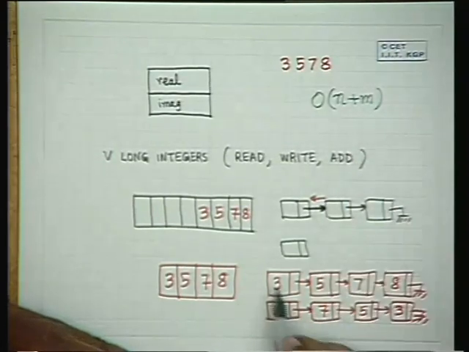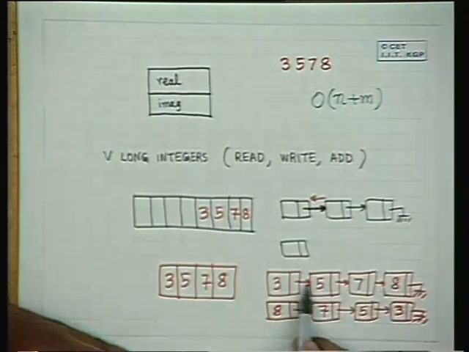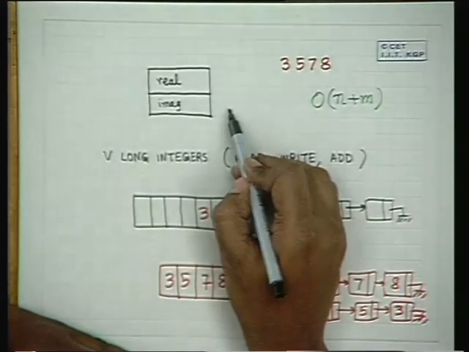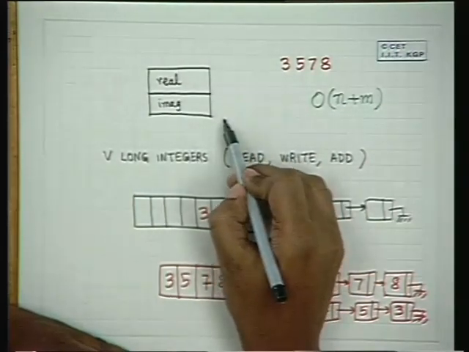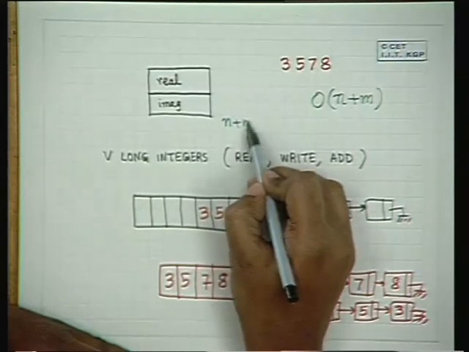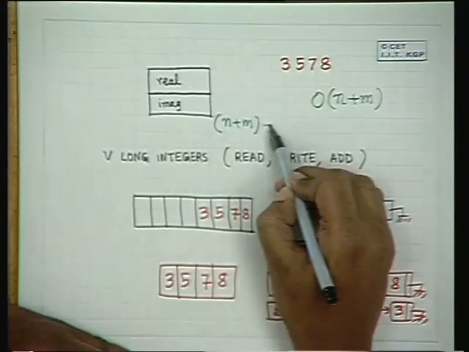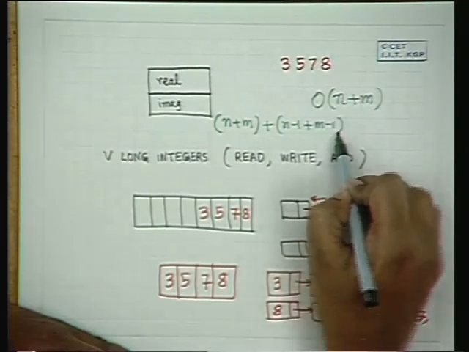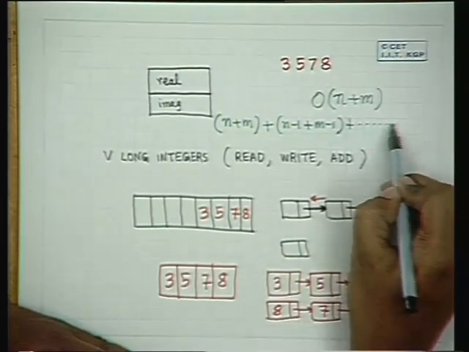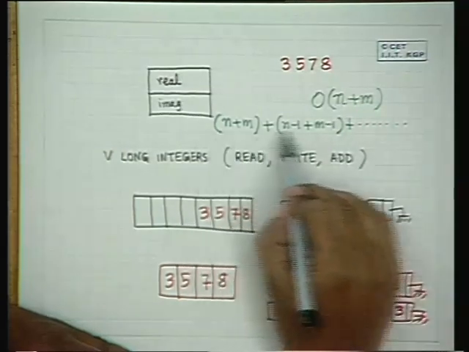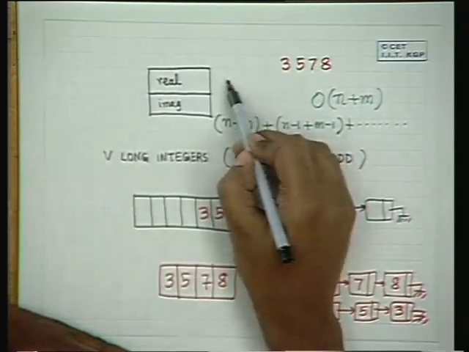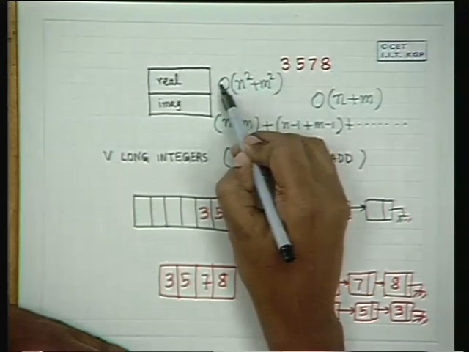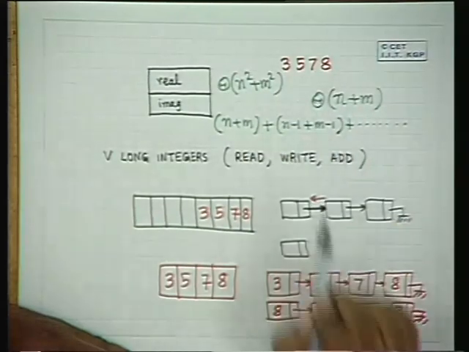On the other hand, if you store it with the pointers as pointed out here, what will be the complexity for each operation? For the first operation, you will require n plus m movements. For the second, n minus 1 plus m minus 1. For the third, you add it like this and you will end up with order n square plus m square. This is actually of this order itself.